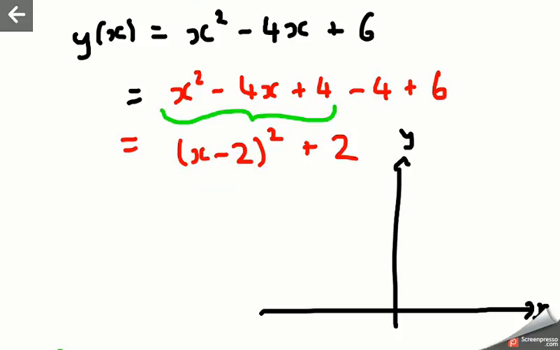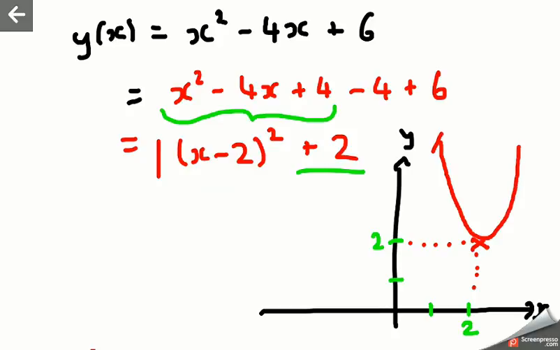So we go 2 across to the right, 1, 2. And then we're adding on 2, so we go up by 2. So the turning point of our parabola is right there at x equals 2, y equals 2, and the a value is 1, so our parabola looks pretty much like that.